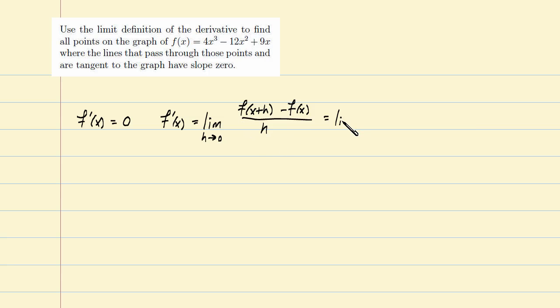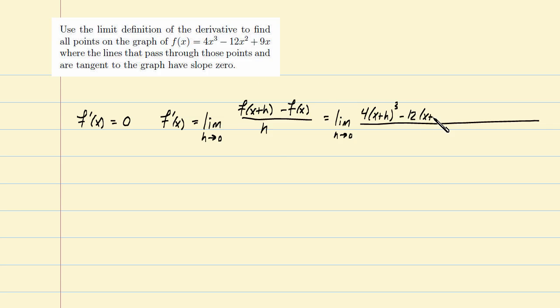Well, again, we have the limit as h goes to 0 of some big fraction here. The first piece of our numerator is f of x plus h. How do we find that? Well, we take our input, which is x plus h, and we plug it in for every occurrence of our input variable to discover that this should be 4 times x plus h cubed, right? Our input cubed, minus 12 times our input squared.